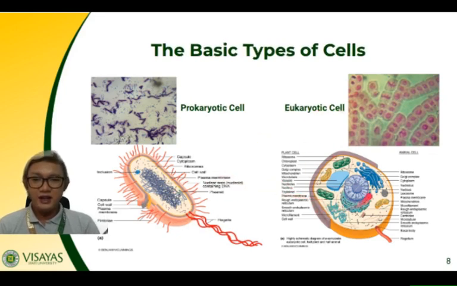So if you notice in this image, this is a plant cell which is stained for the presence of the genetic material. So the pink here, if you notice, is mostly at the center. So that is the nucleus.